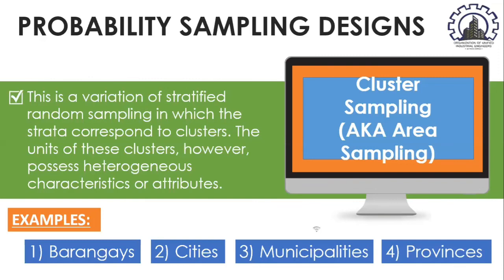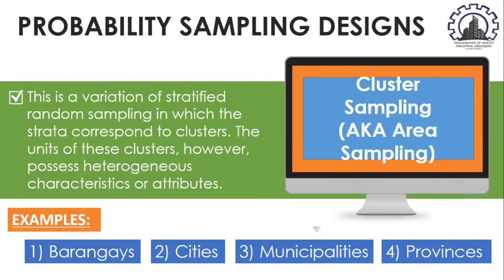They are different. So for example, barangays, cities, municipalities, and provinces, because in a certain barangay, in a certain city or municipality or a province, all of the people living there have different characteristics, have different attributes.